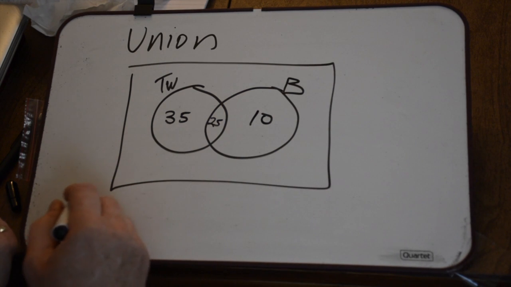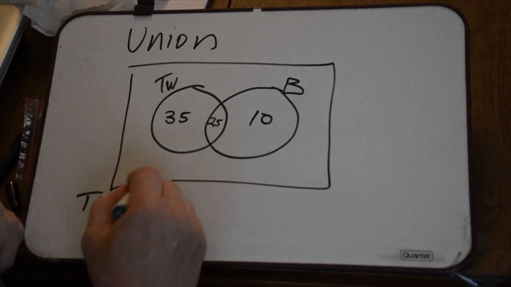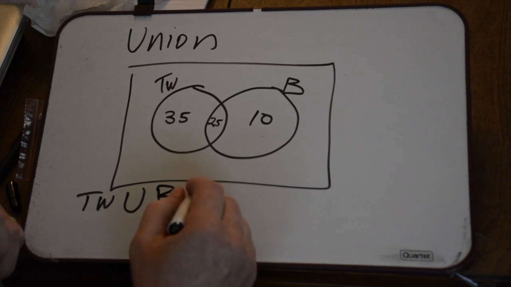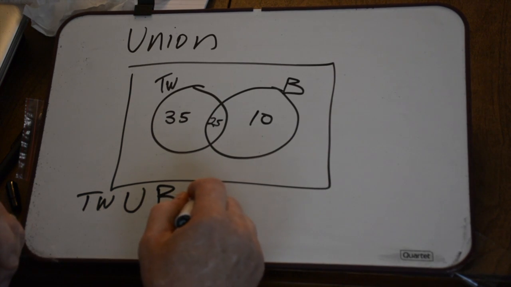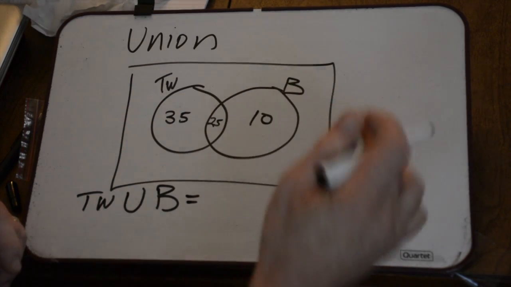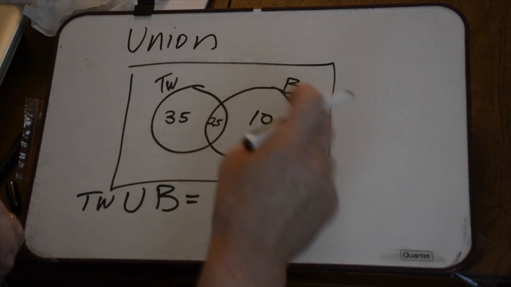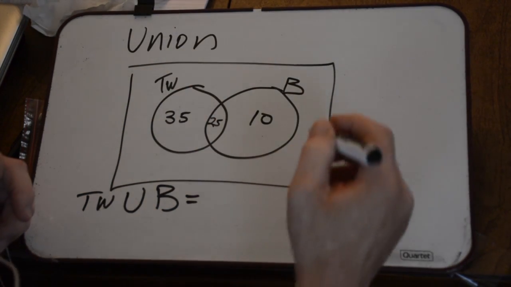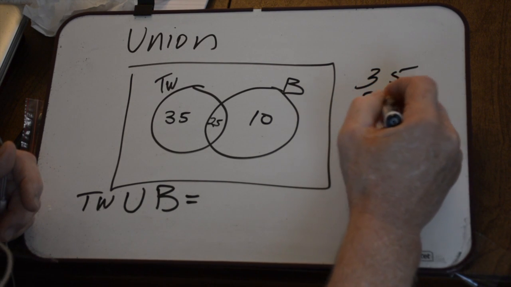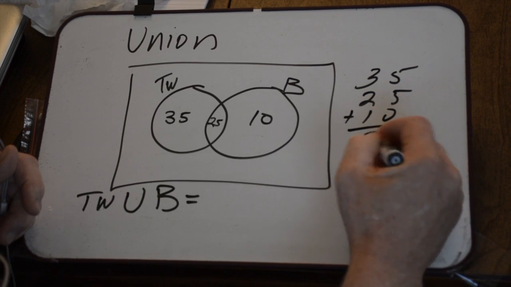The Twitter union blogger, called B, that equals the combined number of people in all of those, and we'll say that the cardinality of this, how many members there are, would be the 35 plus the 25 plus the 10, and that would be 70.